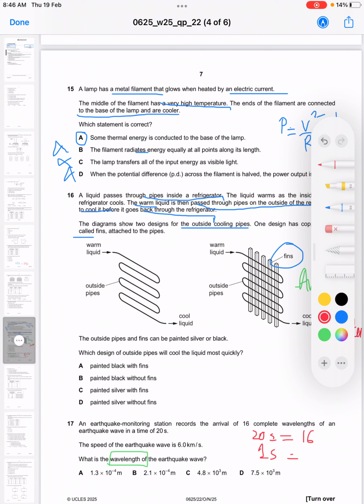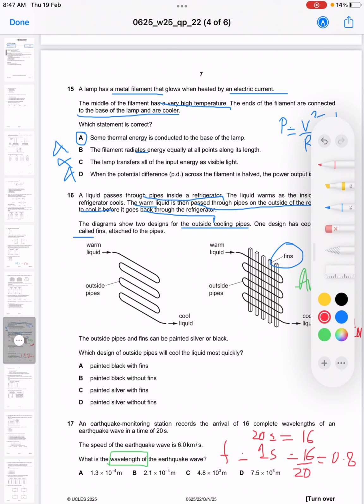You can write it down. It comes out 0.8. Basically this is frequency. We know that frequency is the number of wavelengths per unit time, meaning in 1 second how many wavelengths pass.